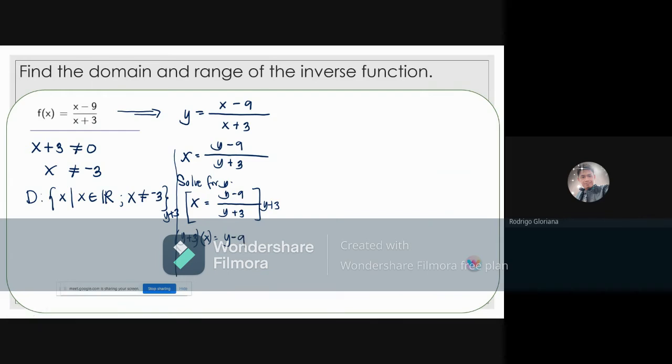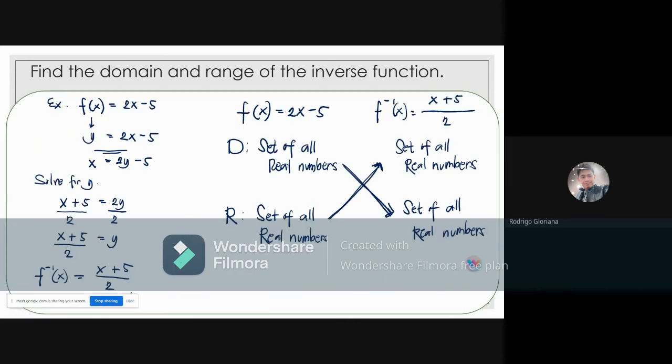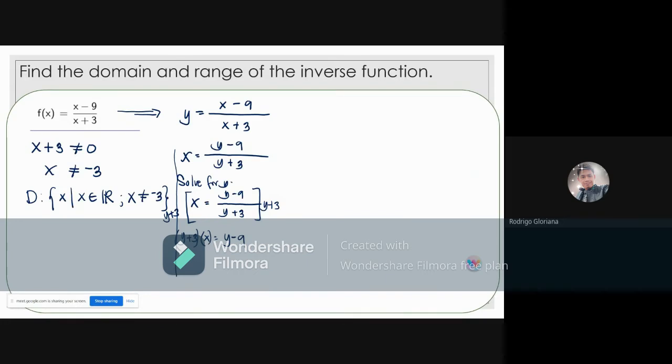And then, what's next? You distribute x. We have xy plus 3x equal to y minus 9.